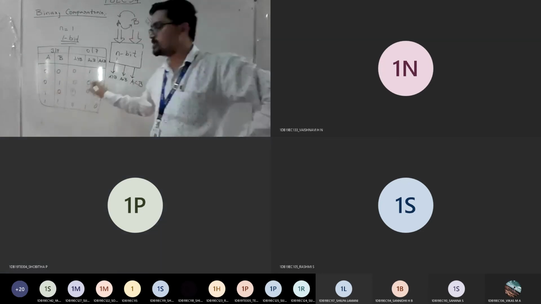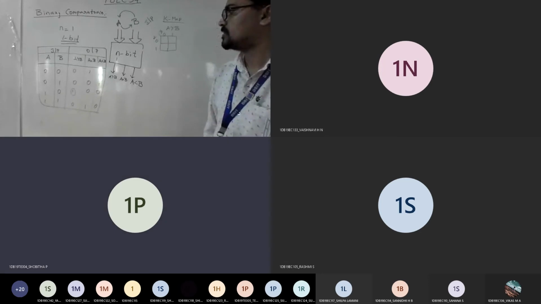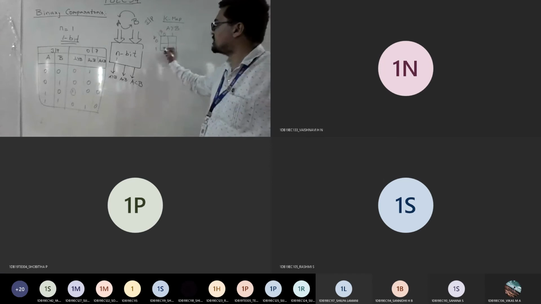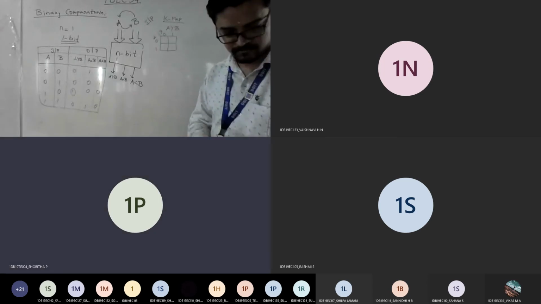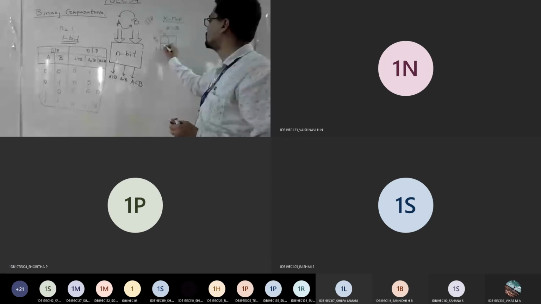So I should fill this combination. For which combination should I put 1 here? A is 1 and B is B bar. Is it this junction? Yes, sir. So just put 1 here.